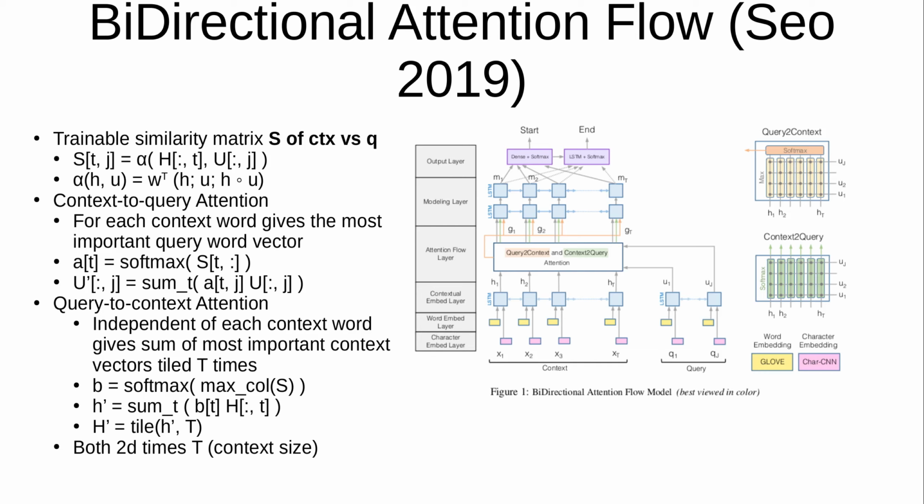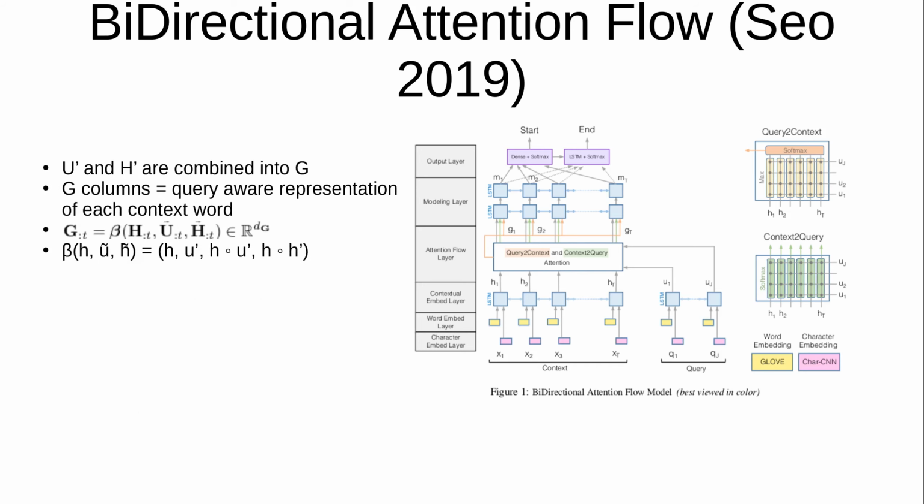Doing this, they get two matrices which have one dimension the same, and then they utilize this to always have this one controlled dimension to construct the resulting output. This matrix is a query-aware representation of each context word. So at the end, they have this query-aware representation, which is basically a concatenation of those previously mentioned matrices.